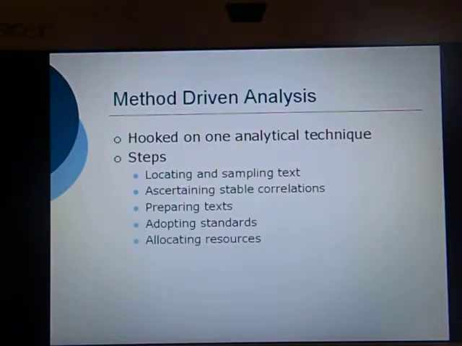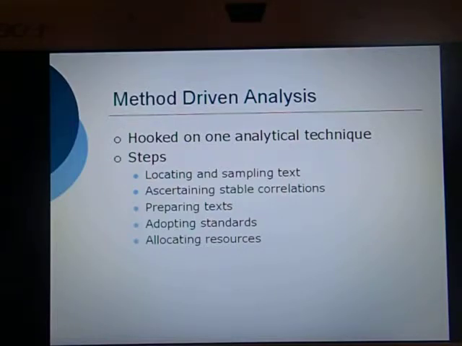When locating text, you're looking for texts that are easily amenable to processing by your chosen method. Then you want to ascertain stable correlations in the context of these texts, ascertaining whether correlations surrounding the text are compatible with the assumptions built into the chosen method.